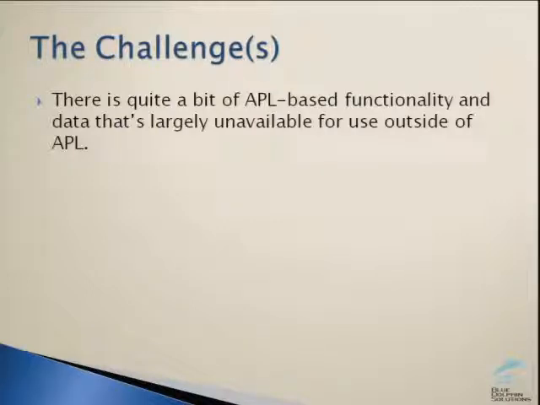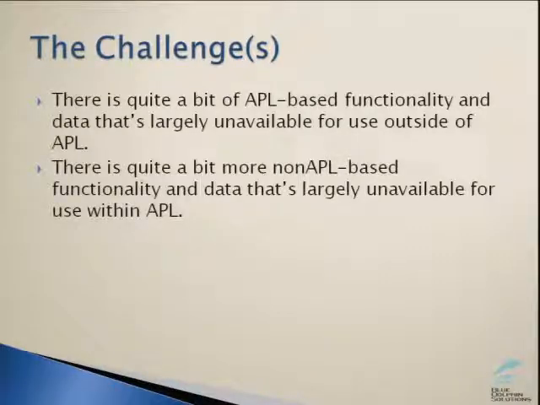Now, there are a lot of things that have been done over the years with .NET interfacing and other technologies to make APL play well with the other kids in the sandbox. But still, there's a lot of legacy code out there that, by and large, is not available outside of the APL environment. And there's quite a bit more non-APL based functionality and data that's largely unavailable for use within APL.